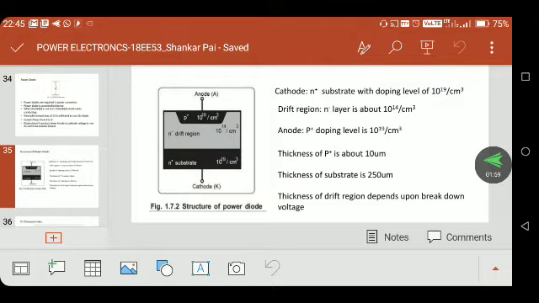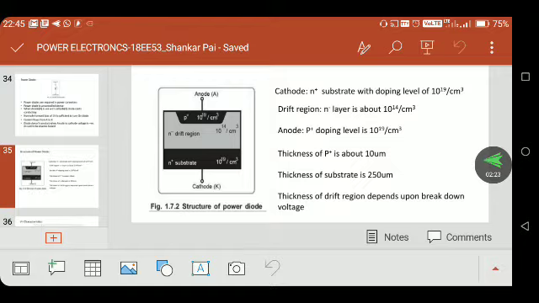Now look at here, the N plus layer is considered as the cathode, and it is the substrate. Substrate means the body of the device, and the remaining layers of the device are developed over this substrate. The structure of the arrangement is a vertical structure. Now why is the vertical structure selected?